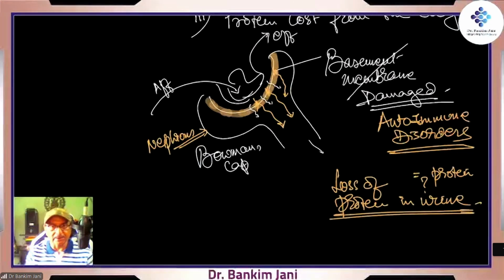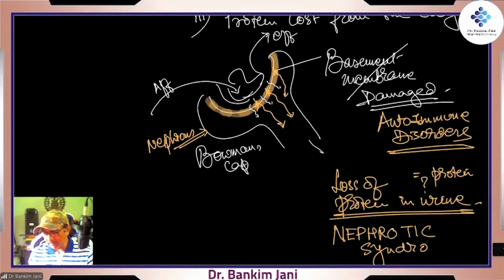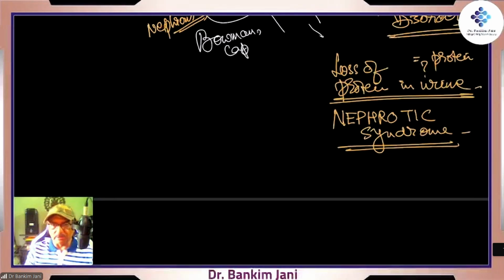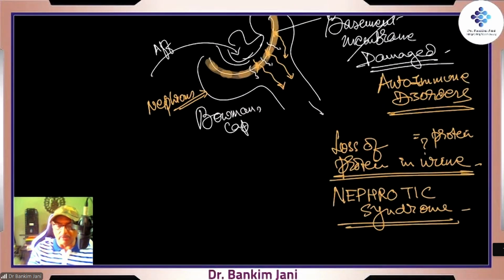This condition is called as the nephrotic syndrome. Whenever you come across this nephrotic syndrome at so many places, simply speaking, whenever this word comes, just understand the basement membrane is somehow broken.